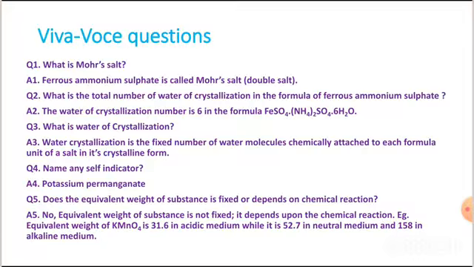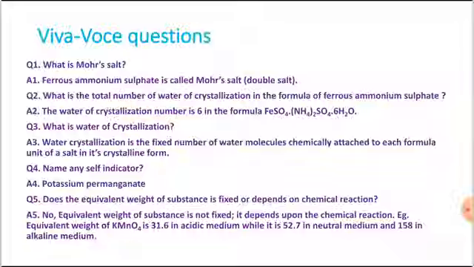Answer is, the water of crystallization number is 6 in the formula FeSO4 (NH4)2SO4 6H2O. Next question, what is water of crystallization? Answer is, water of crystallization is the fixed number of water molecules chemically attached to each formula unit of a salt in its crystalline form.